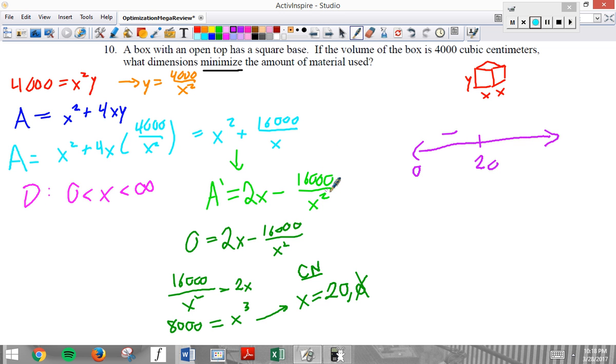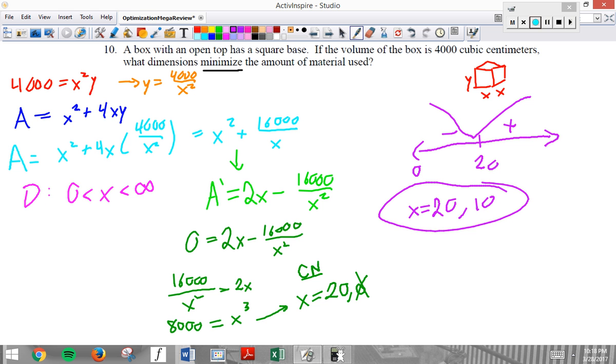The point is, this is going to become really small. That's going to become really big. So x equals 20 does minimize the area. And that would leave y with 10. There you go. Oh, y equals. I would mark that wrong in a heartbeat.